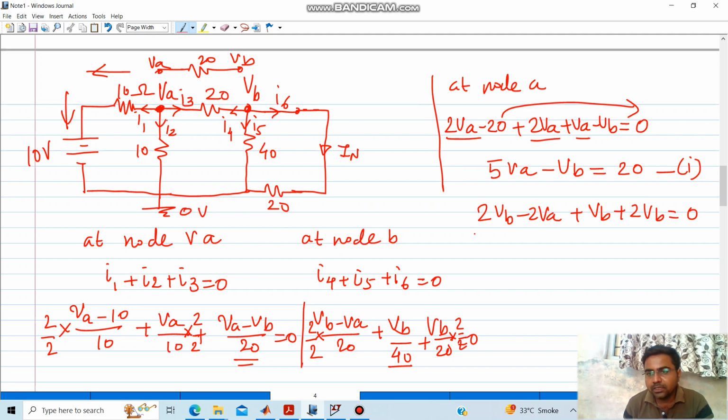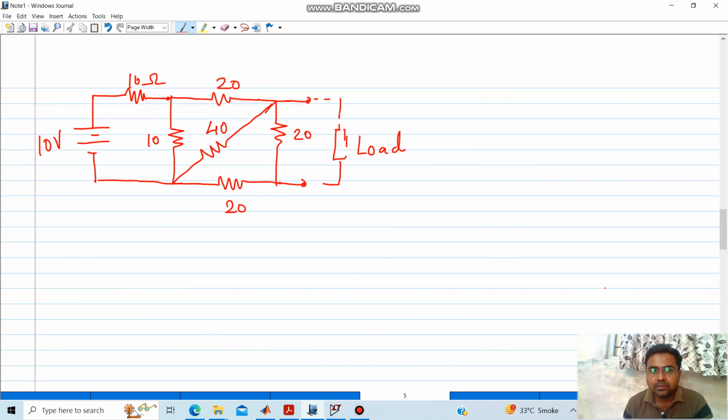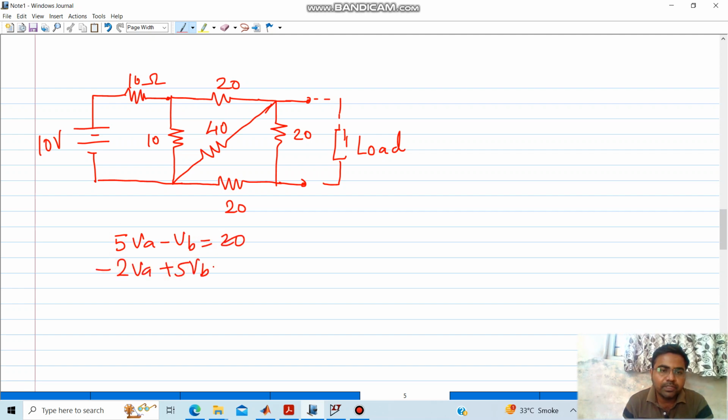So here that would be 5VB. So we have to solve it. So I can take this equation. So 5VA minus VB is equal to 20, and minus VA plus 5VB is equal to 0.